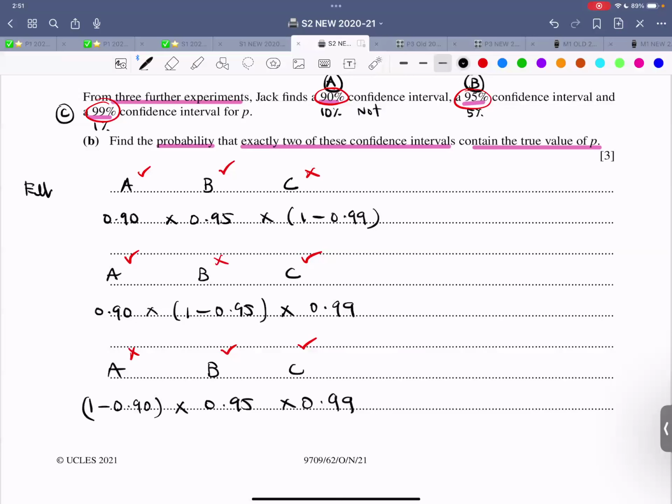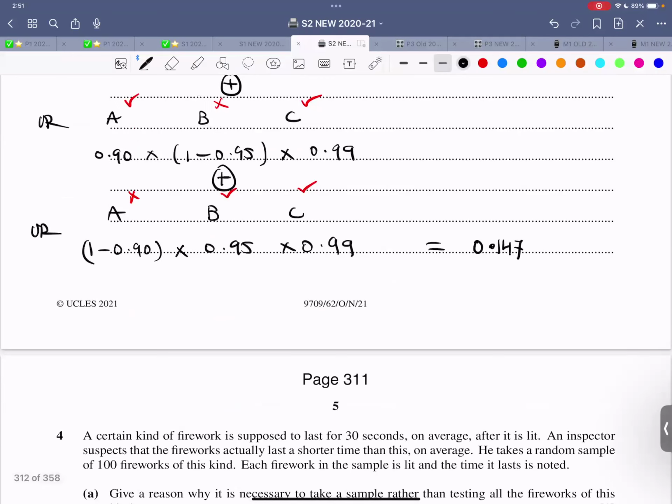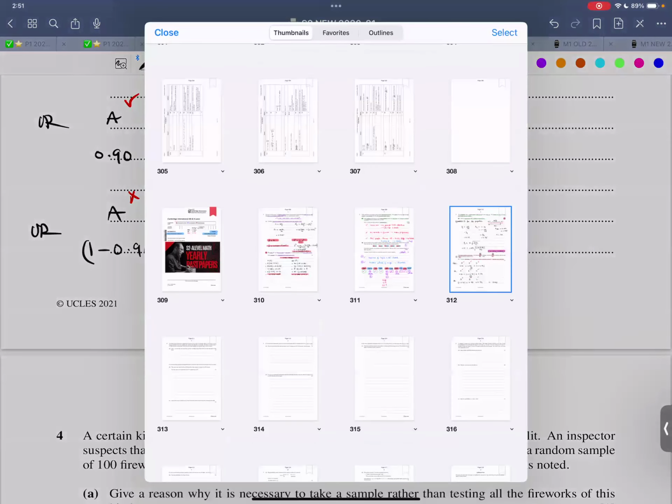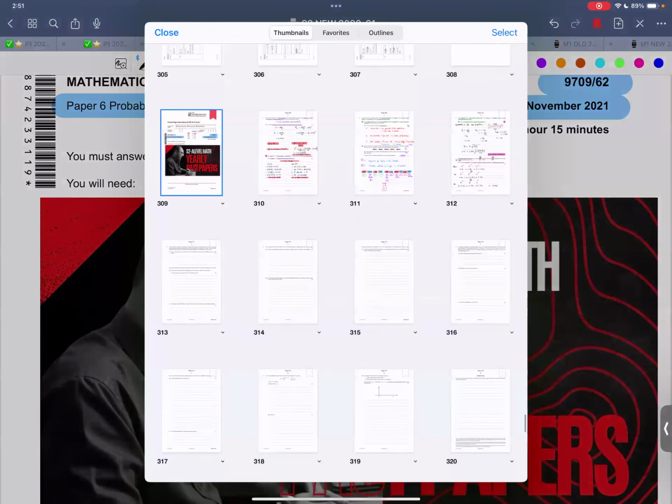It's either this or this or this, so add it up. The total comes out to be 0.147. This is like a tree diagram, basic S1 type probability question that they have asked for 3 marks, so 1 mark for each step. Now this thing is done and it's 251. So question number 3 is done. Let's move on.